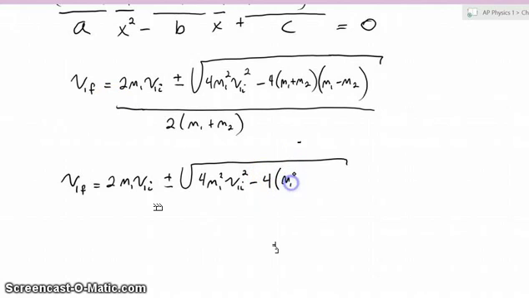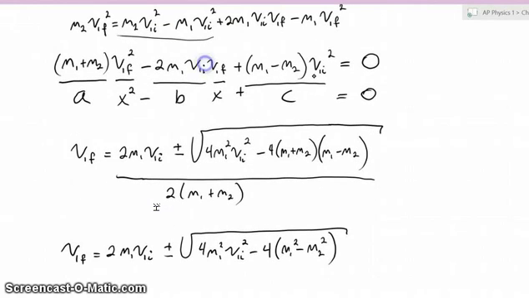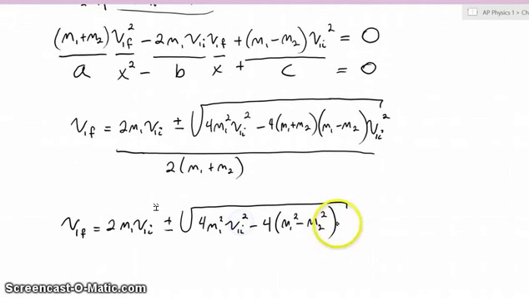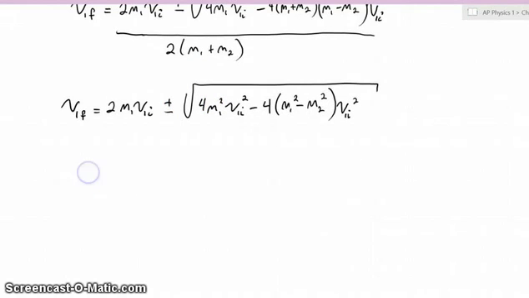So we'll have m1 squared minus m2 squared times, oh, I dropped a term here, this should be v1 initial squared. That was from c. I forgot to include that, so I'm just going to put that back in. There we go. So now we can simplify the discriminant a little bit further.